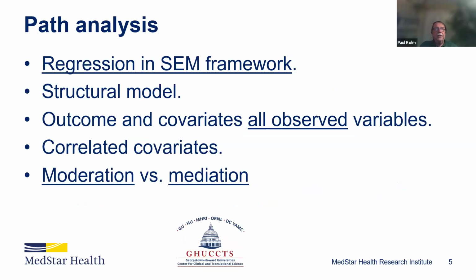And in path analysis we'll be able to estimate the correlation between the covariates. And so we're going to be able to identify covariates that are moderators versus covariates that are mediators of the outcome. We'll give examples of those and what is meant by that.